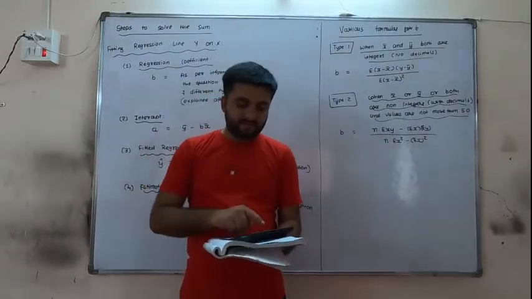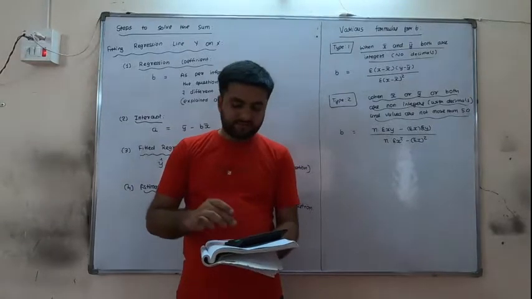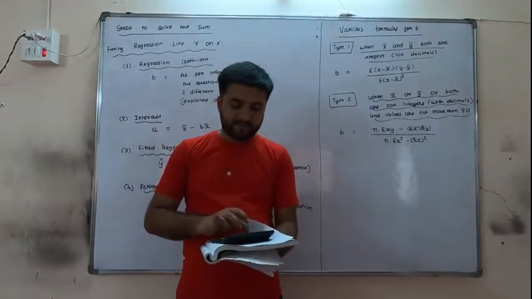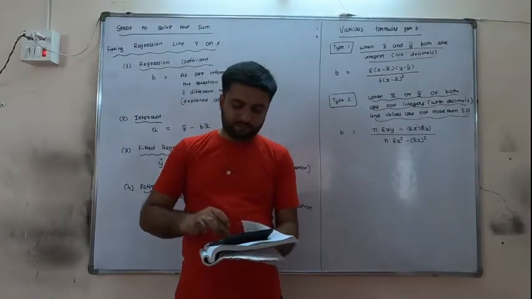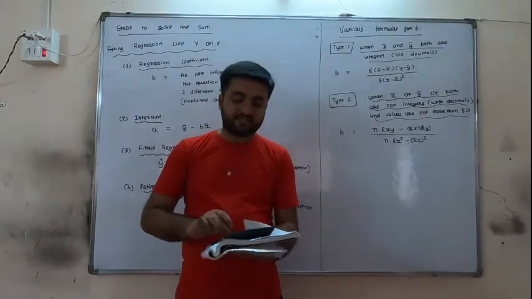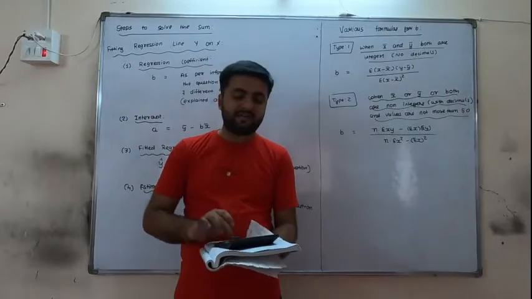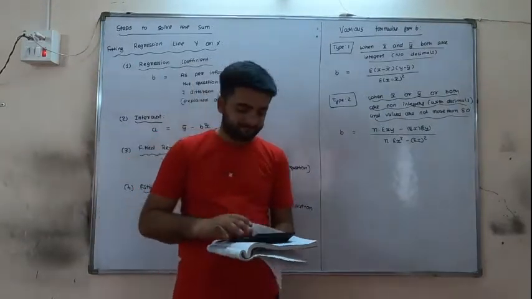Now last sum, fourth sum, there is 12 plus 5 plus 10 plus 3 plus 18 plus 4 plus 12 plus 16, total is 80, divided by 8. Write there x bar 10.